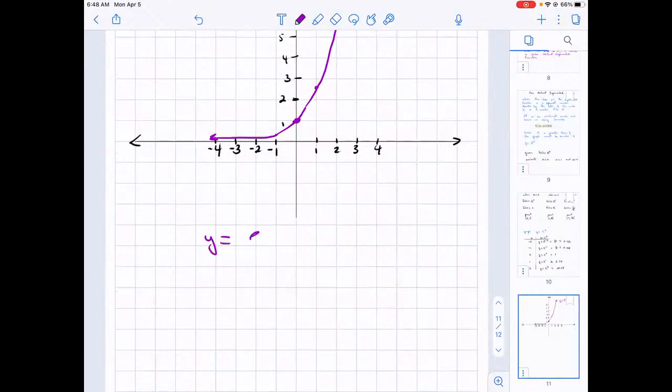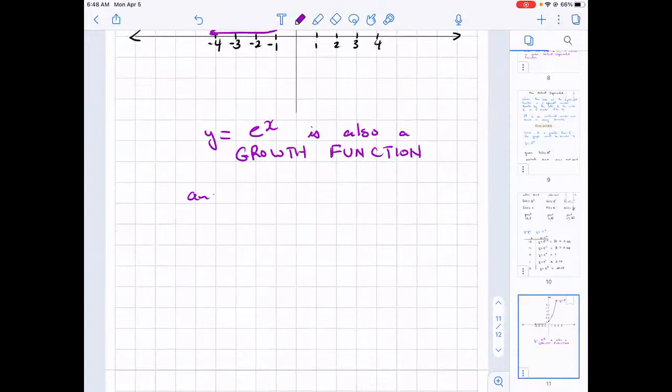So y equals e to the x is also a growth function. And the y-intercept is 0, 1. So not much of a big difference between e to the x and 2 to the x. Okay.